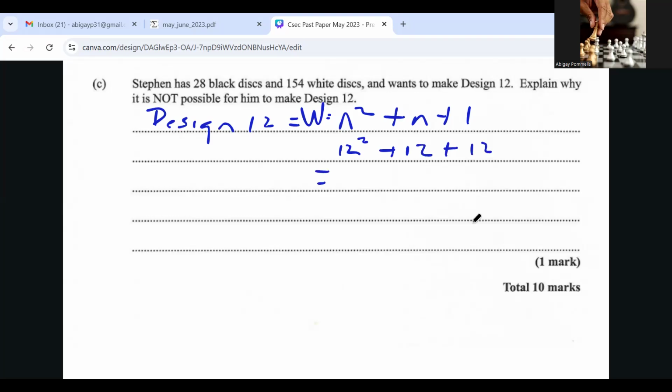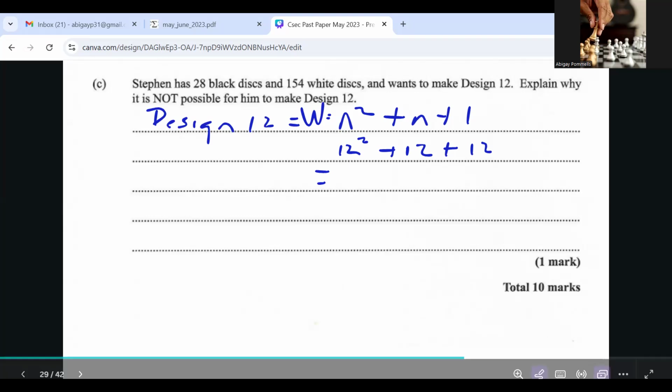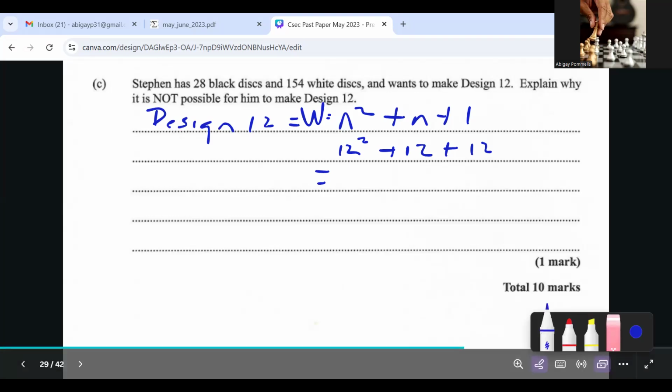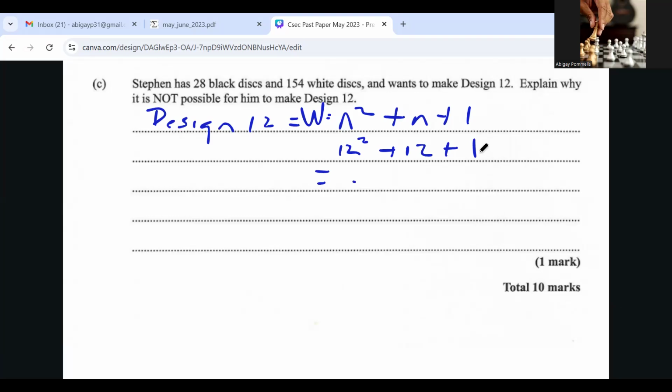Oh, this is 1, not 12. All right. My apologies, it should be 12. And that would be equal to 157.